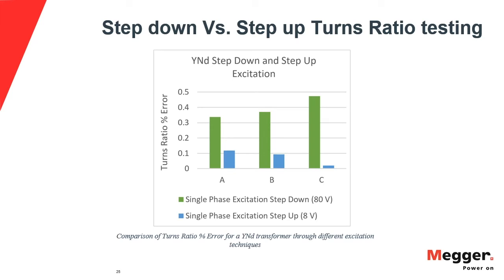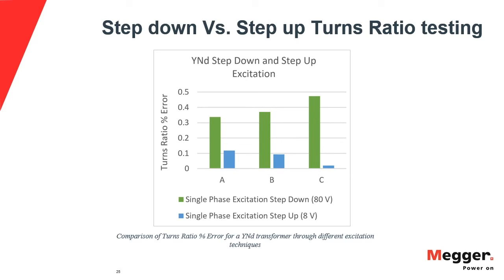And in green, step down, right? The traditional technique, applying on the high side, measuring on the low side. We're getting around 0.35 for phase A, close to 0.4 on phase B, close to 0.5 on phase C. And we switch to single phase excitation step up, applying on the low voltage side.